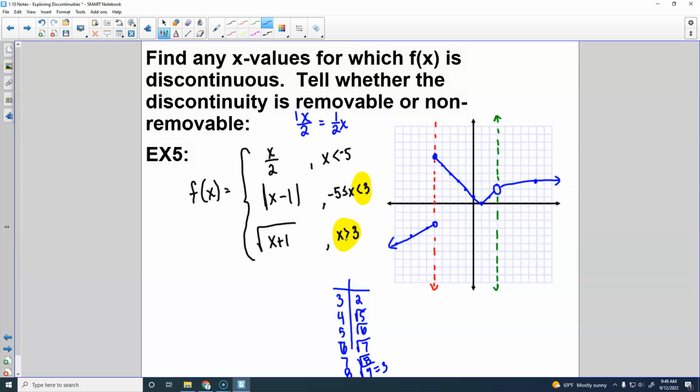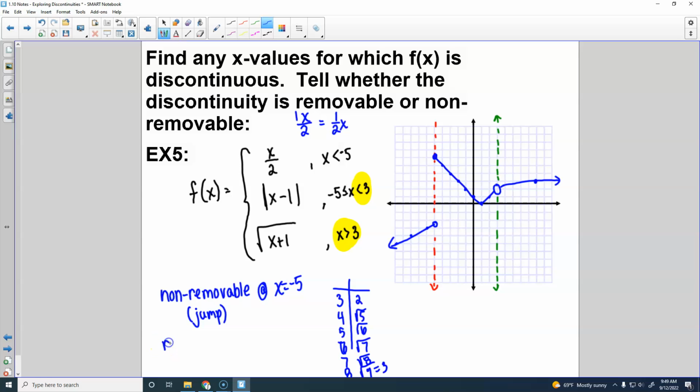So we would have 2 discontinuities here. We would have a non-removable discontinuity at x equals -5. Specifically, if we want to be very specific about that, it is a jump discontinuity.